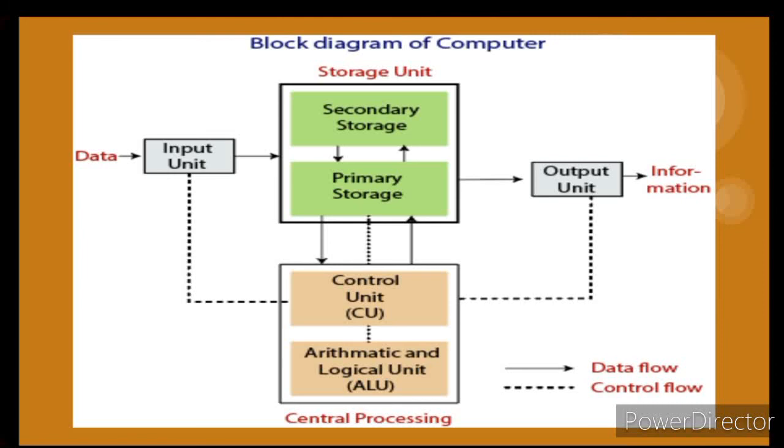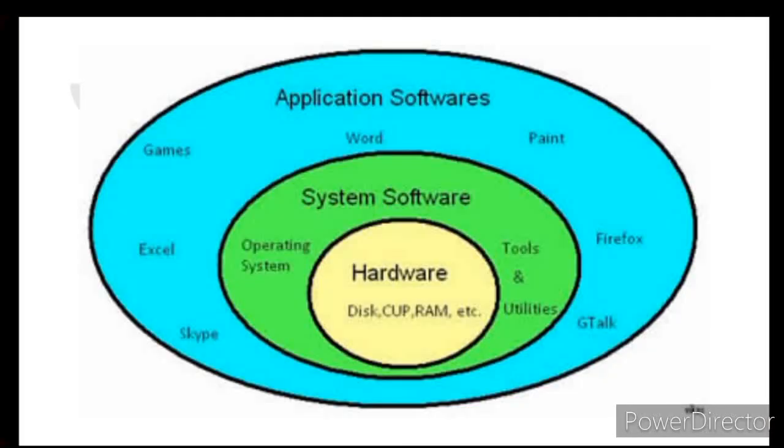Next is the software. Software is classified into two types: one is system software, another is application software. First, system software. System software consists of low-level binary programs that interact with the computer.